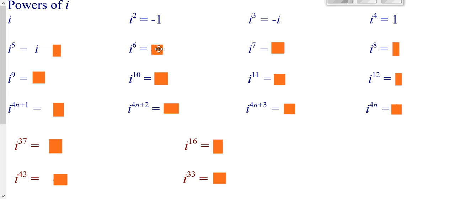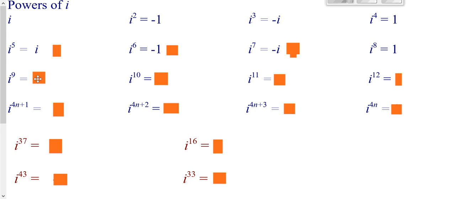Here, this would be an i to the fourth times an i squared, so it would be a 1 times a negative 1. Here, this would be an i to the fourth times an i cubed, so that would then be a 1 times a negative i. This would be an i to the fourth times an i to the fourth, or a 1 times 1, which is 1.